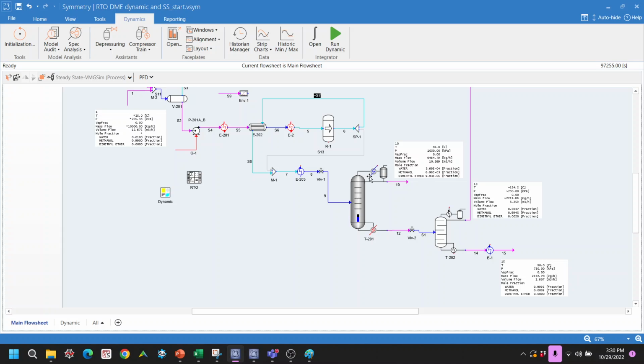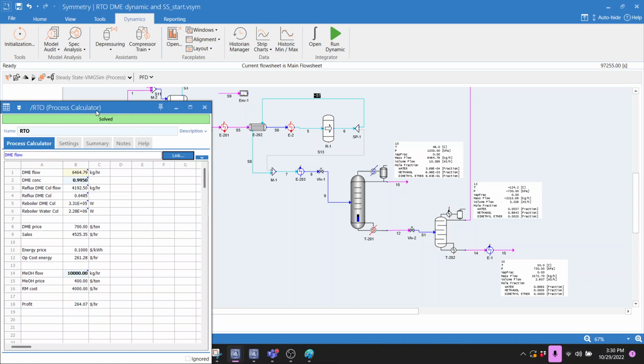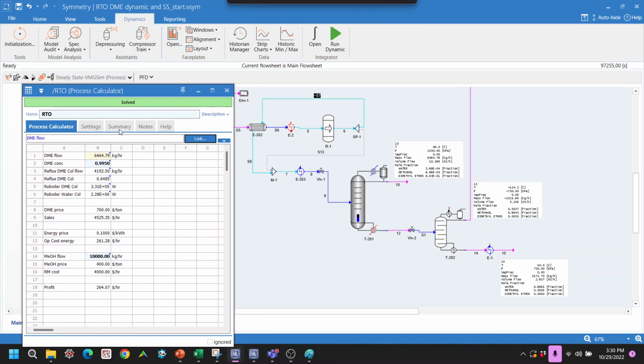So in each of these you have your independent variables and dependent variables, and to make it simpler, I take only, for example in this case, the DME flow rate, which is this stream, and the concentration, which is 99.5, and the reflux flow rate, which is 4000.